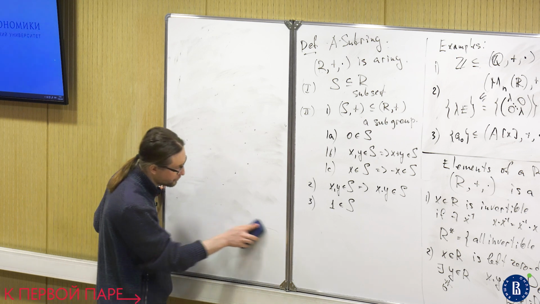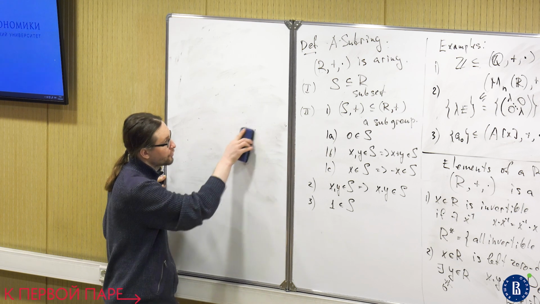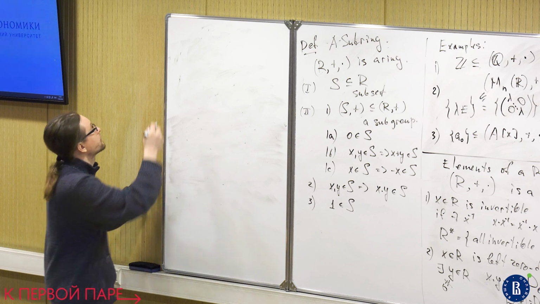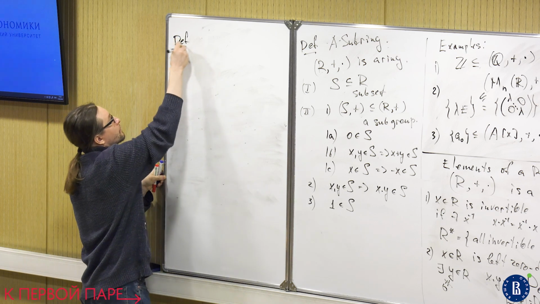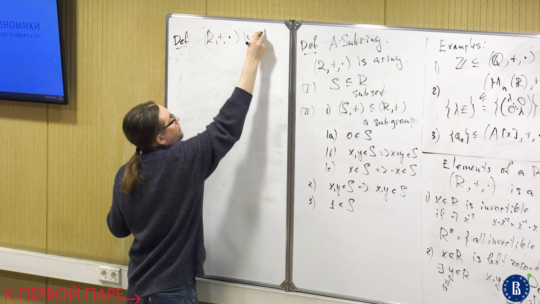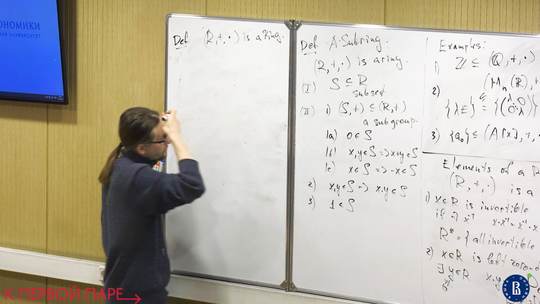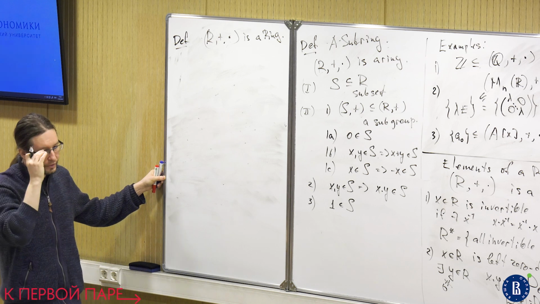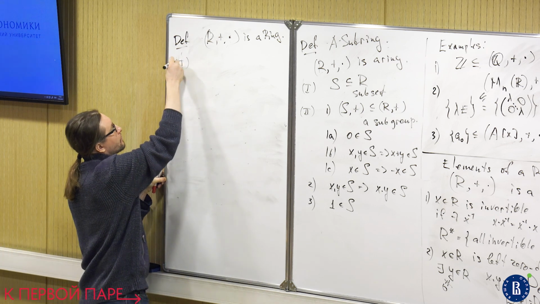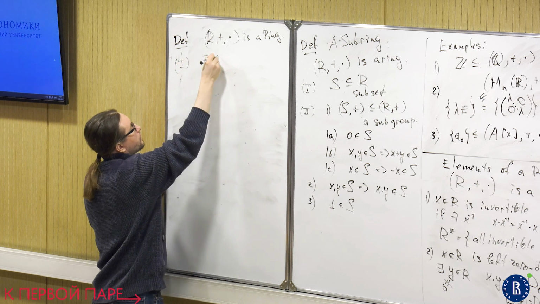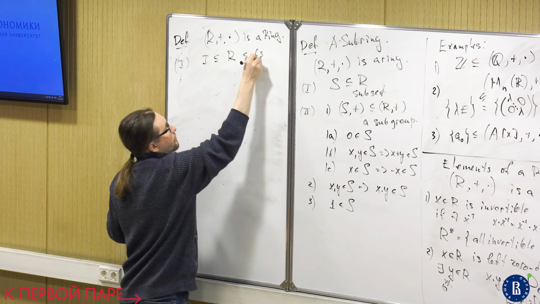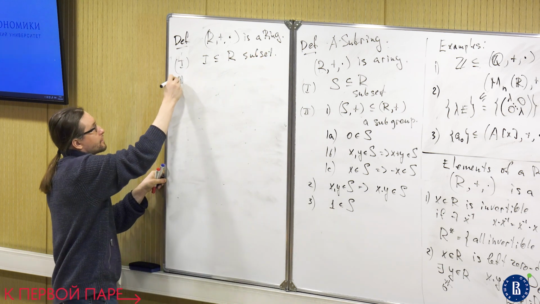So the reason why I want to define another structure inside the ring is because we will need it. So the definition. Suppose (R, +, ·) is a ring. Now I want to define a left ideal. So I is a subset of R. And what kind of axioms do we have?